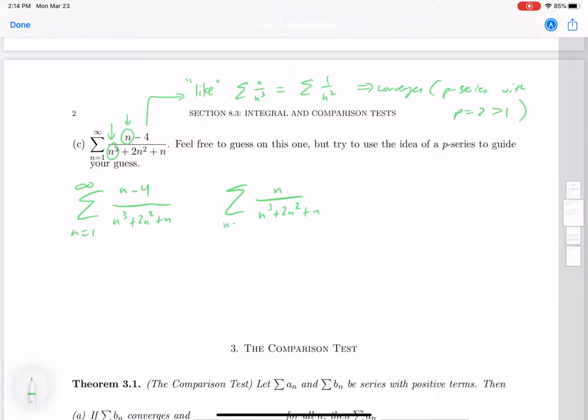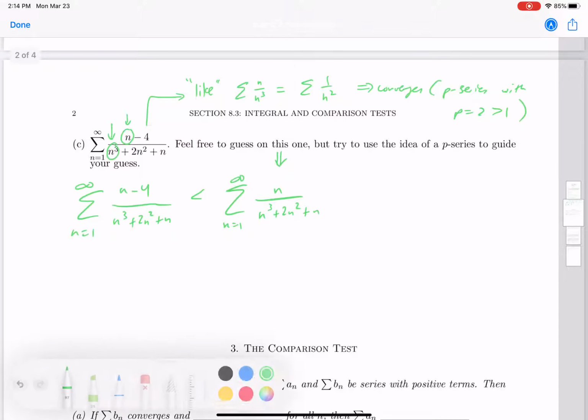Now, what I'm really doing there is increasing my numerator by 4. So if I'm increasing the numerator, then this thing here has to be bigger. That summation is going to be bigger than what I started off with.